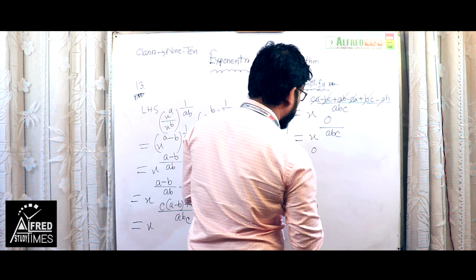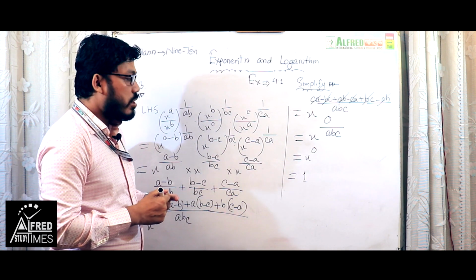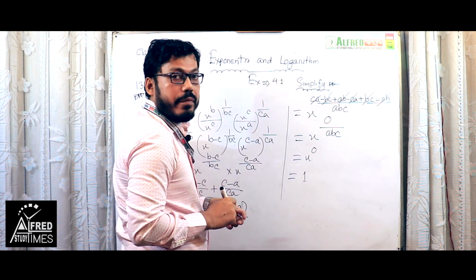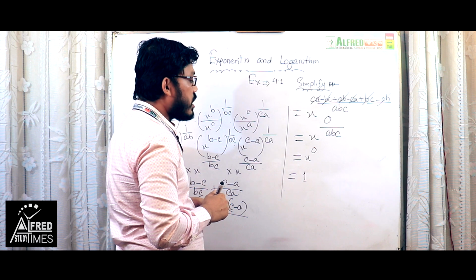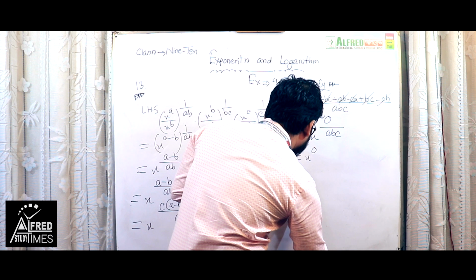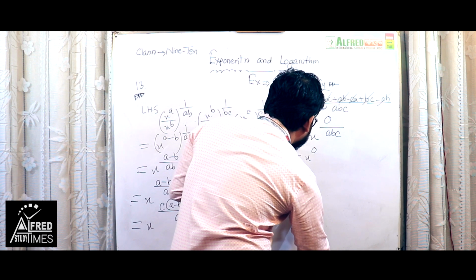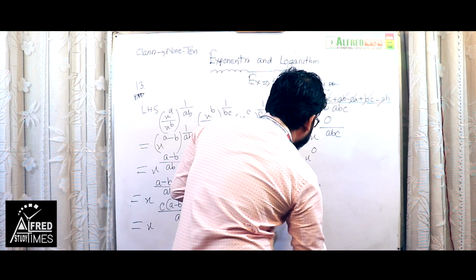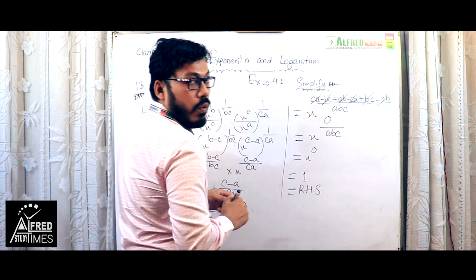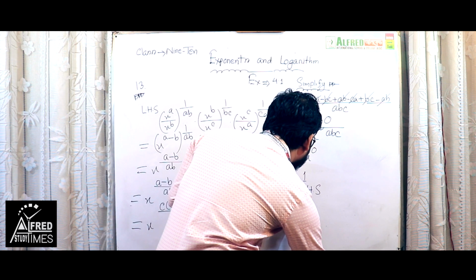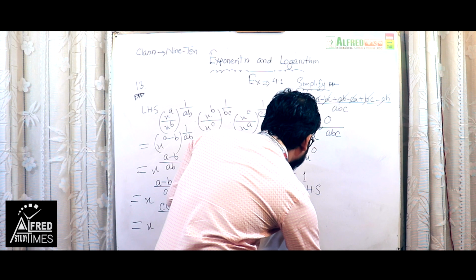We know from exponent rule, if we get 0 as the power of a particular base, we need to use the value equal 1. So required value of the left side given expression equal 1. Now we can write, after getting 1 which is equal according to the question, left hand side equal right hand side.